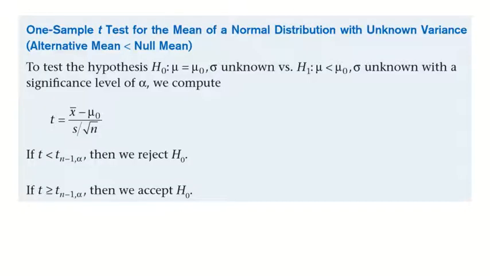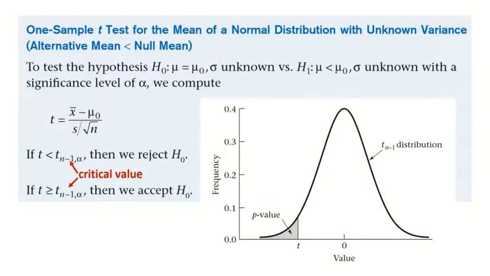So in a one-tailed t-test, the critical value is defined as the t with n minus 1 degrees of freedom and the alpha percentile. So this is the case where the alternative mean is less than the null mean.